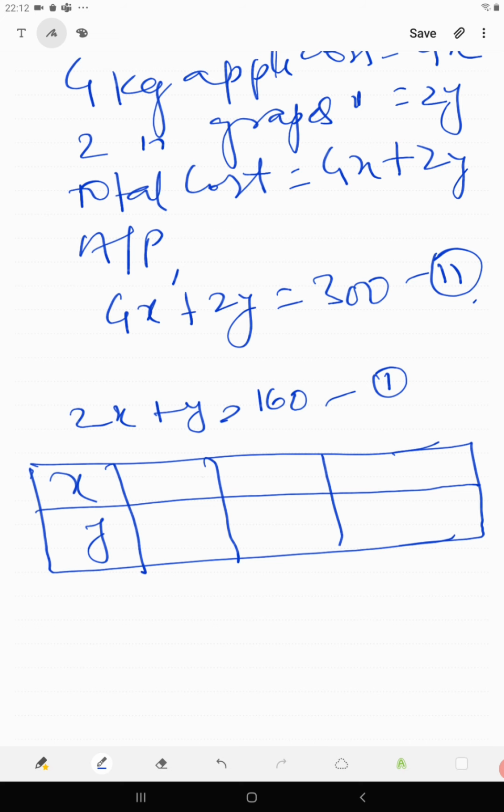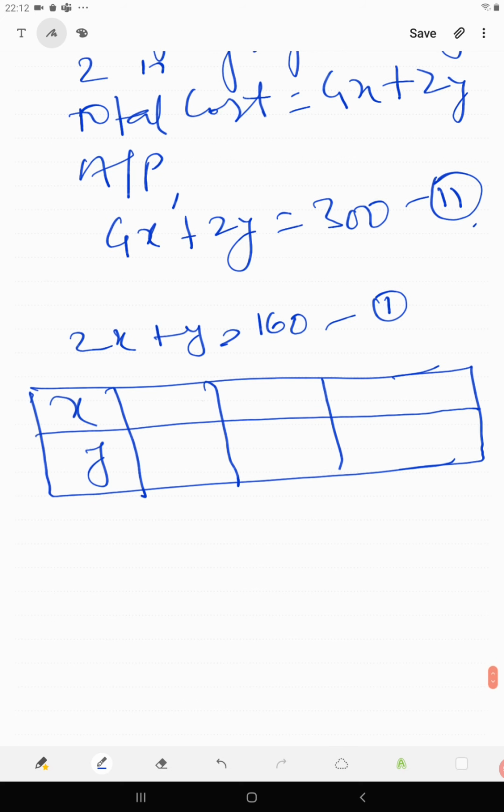So if you are taking x as, suppose, let's take a multiple of 10. Let's take minus 5. So x, let's take minus 5.